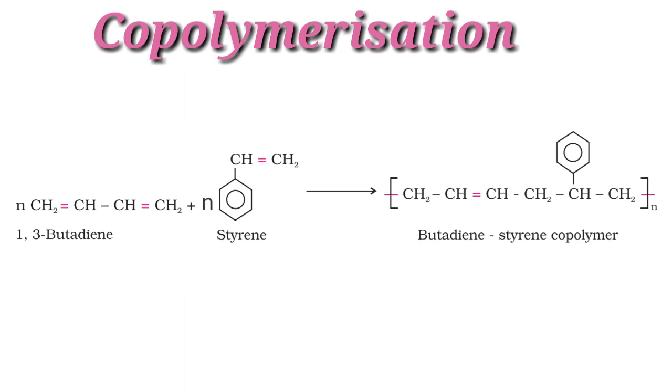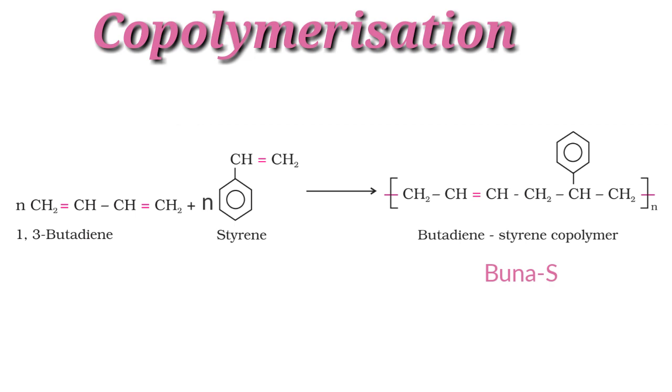For example, a mixture of 1,3-butadiene and styrene can form a copolymer. N molecules of 1,3-butadiene treated with N molecules of styrene give butadiene styrene copolymer. This is nothing but Buna S.